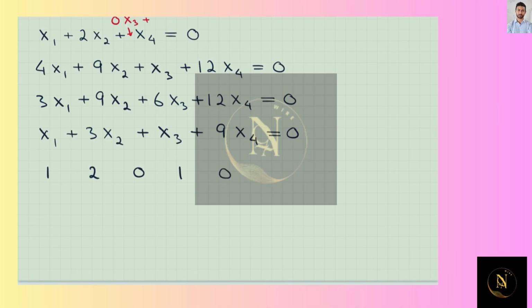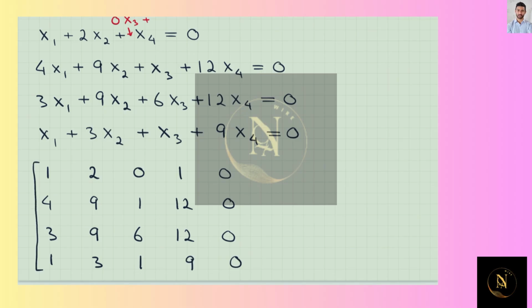The second row is going to be 4, 9, 1, 12, and 0. The third row is going to be 3, 9, 6, 12, 0. And the last row is going to be 1, 3, 1, 9, 0. So this is the augmented matrix of the system of equations.